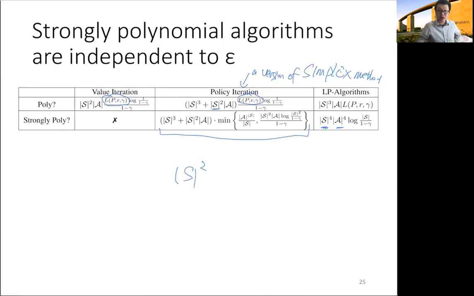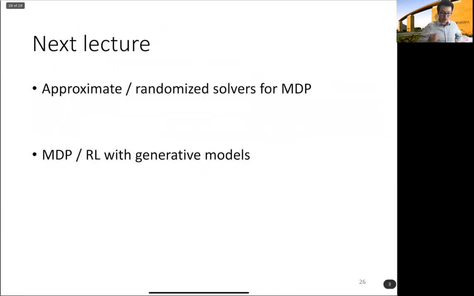Based on this observation, in the next lecture we'll talk about approximate and randomized algorithms for solving MDPs, and hopefully we can further improve over these computational complexity bounds. That will get us closer to the reinforcement learning setting where we actually get samples of the transitions rather than observing the exact transitions.